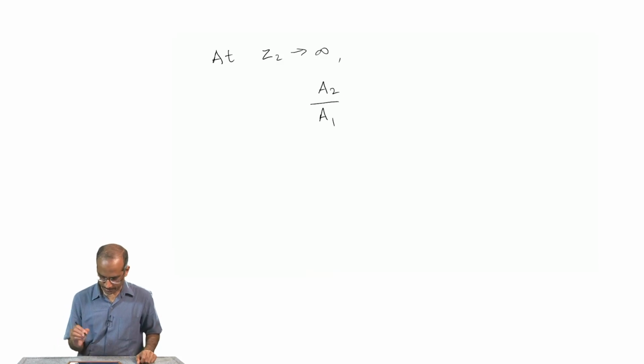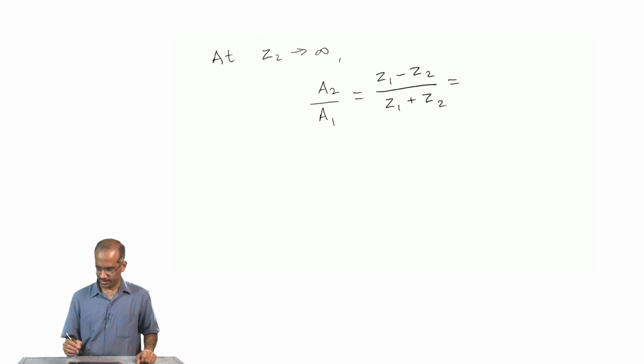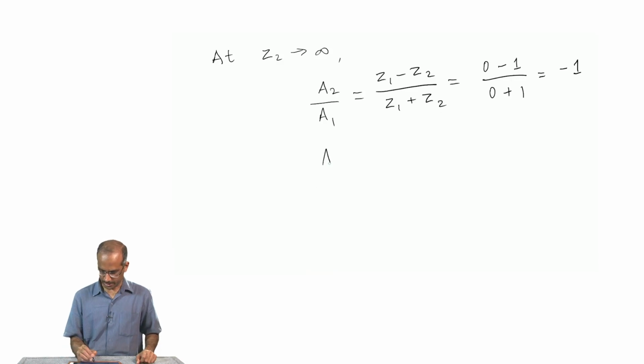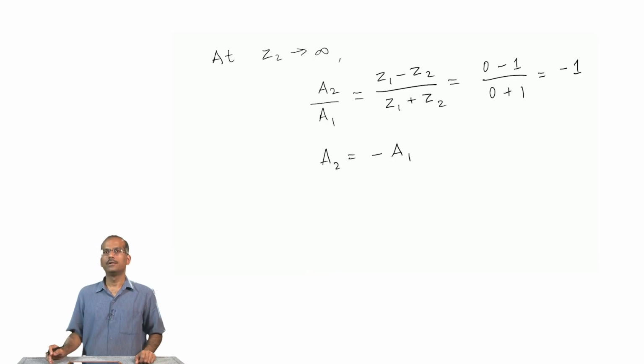A2 by A1 will give you, let us say, Z1 minus Z2 by Z1 plus Z2, and if I divide by Z2, that would be 0 minus 1 divided by 0 plus 1, and that is going to give me minus 1. So, A2 is equal to minus A1.